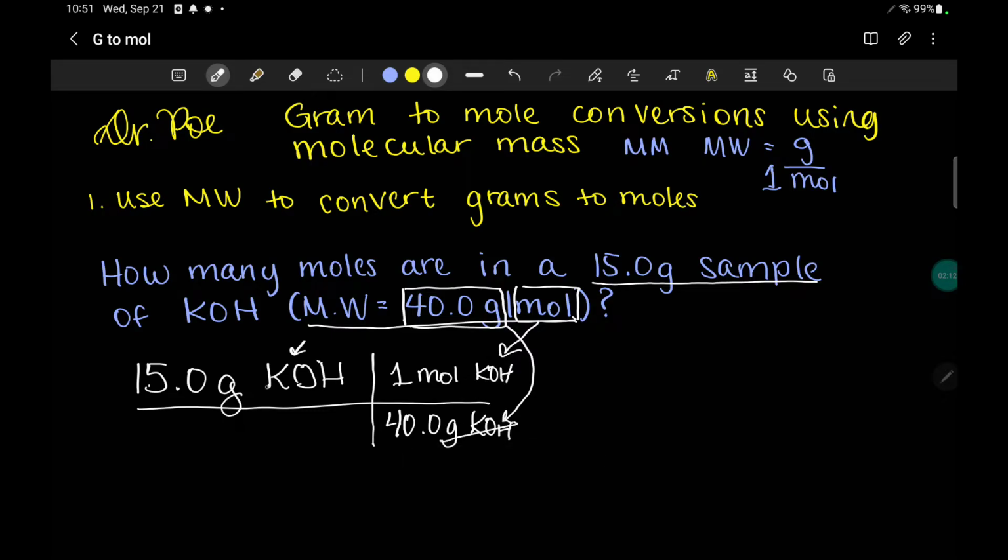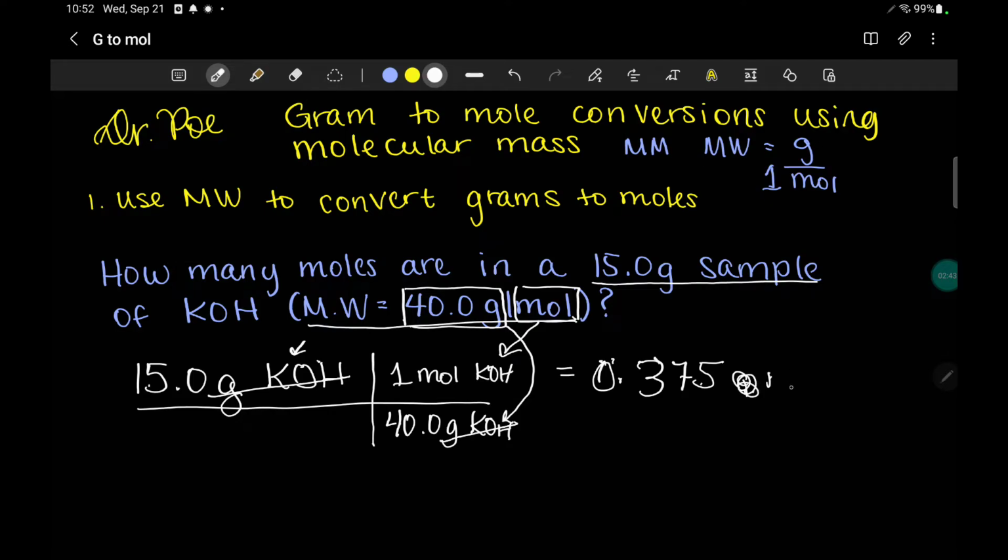The grams are going to cancel, top and bottom, and we're going to go ahead and pull out our calculators and calculate this. So 15, if you want to multiply it by the 1, that's fine. It's not going to change your answer. Divided by 40 in our calculator gives us 0.375 moles.